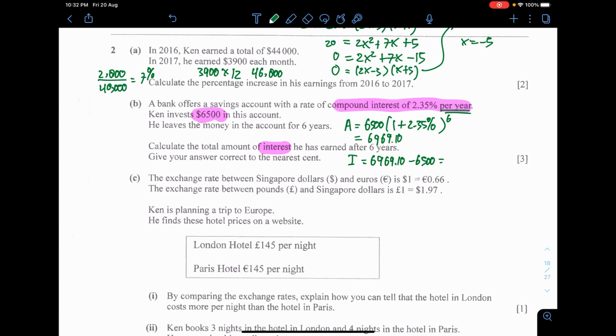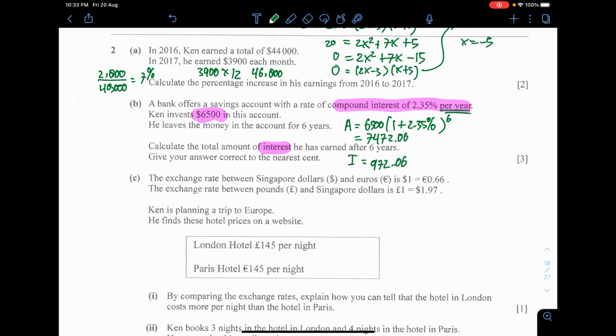Okay, wait a minute, I actually noticed that I do a typo in my calculator. So then this one should be 7472.06. Yeah, anyway, I'm going to minus them by the 6,500. That will be totaling into 972.06. Okay, I just put it into the nearest cents.